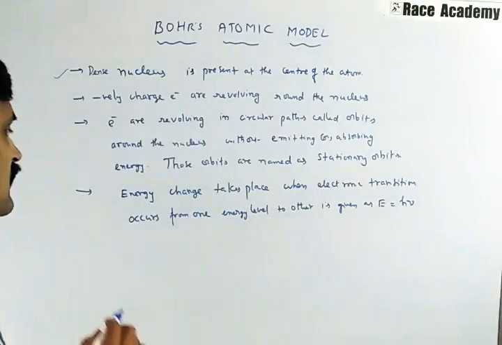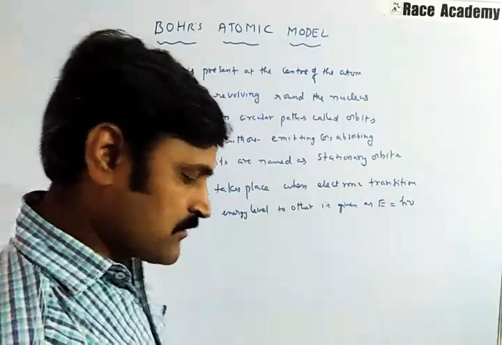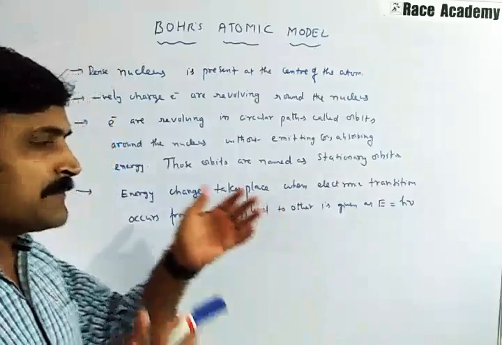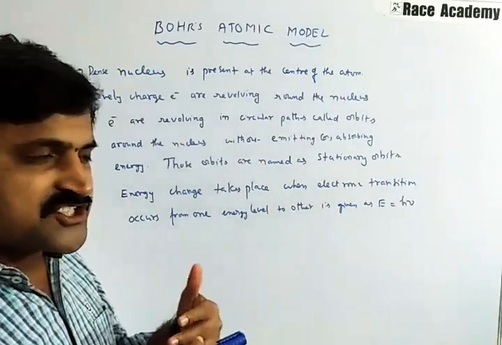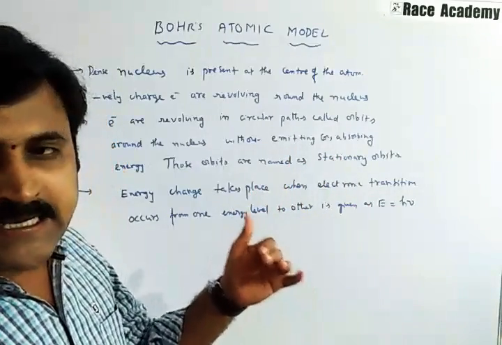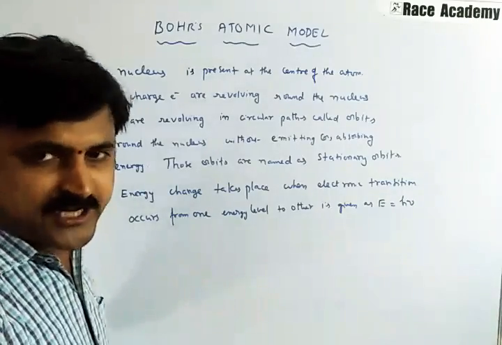When the electron transition takes place from a lower level to a higher level, that energy is said to be absorption of energy. If the electron transition takes place from a higher level to a lower level, then that energy change is called emission of energy.